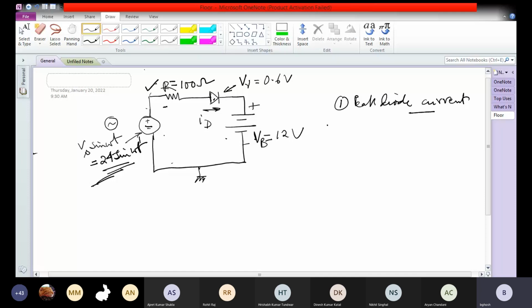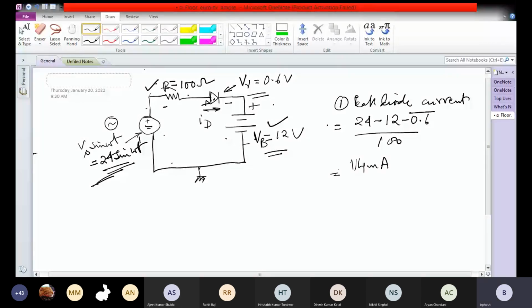The peak diode current is 24 minus VB minus V gamma, because there is a drop of V gamma across the diode, divided by R. That is 24 minus 12 minus 0.6 divided by 100, which comes out to be 114 milliamps.